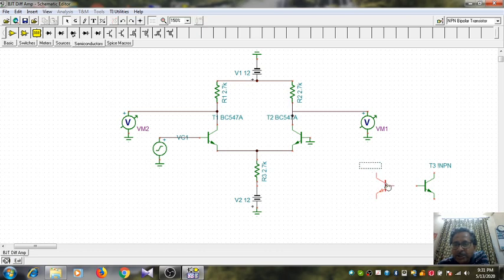Bring the transistors closer, connect the 2 bases by means of a wire. And the base to collector should be shorted. This is a direct coupled transistor. Connect the 2 emitters by means of a wire.